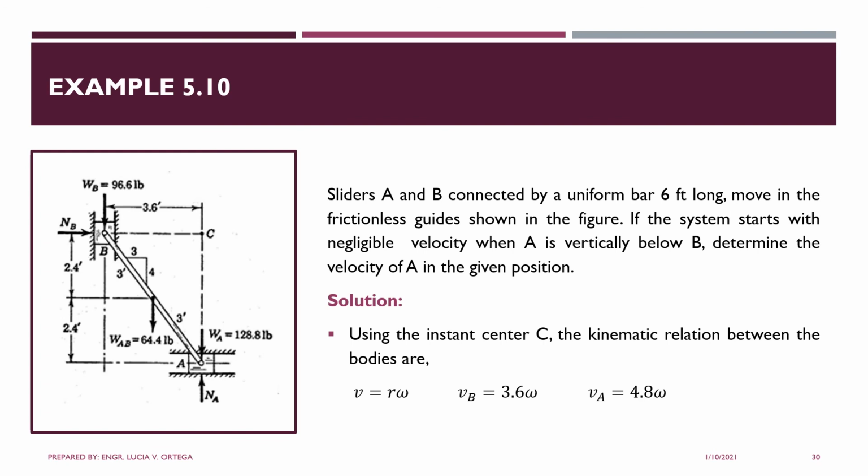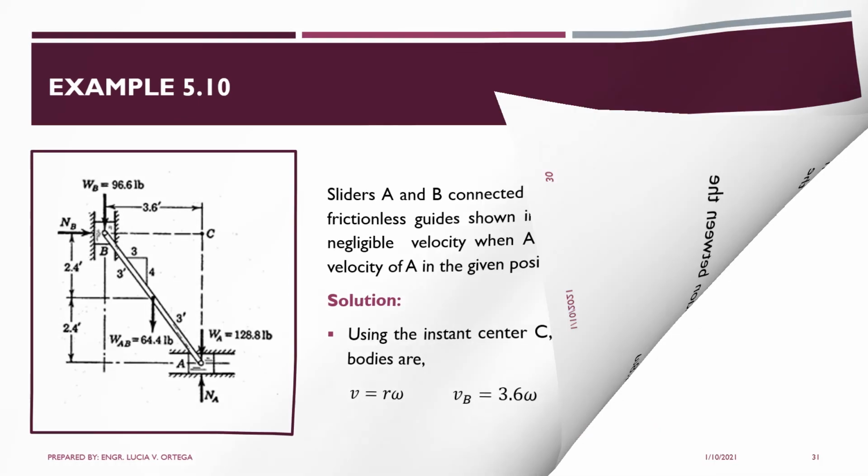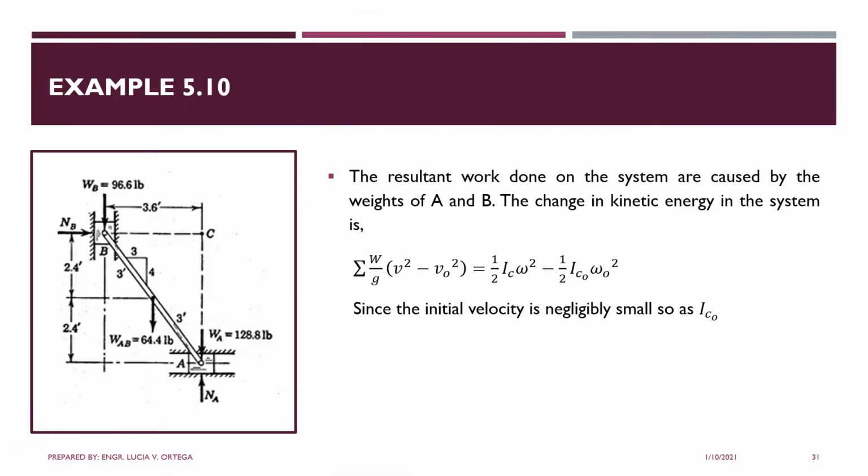Using the instant center C, the kinematic relation between the bodies is that linear velocity is r times angular velocity. v sub B is 3.6, that is the distance from the center, times the angular velocity. For A, this vertical distance, 4.8 times omega.